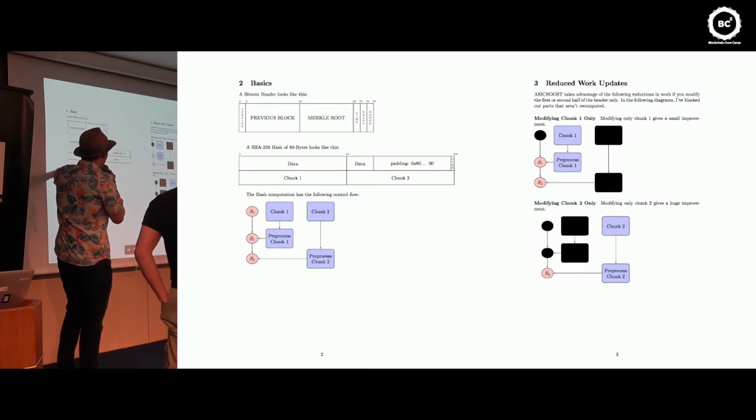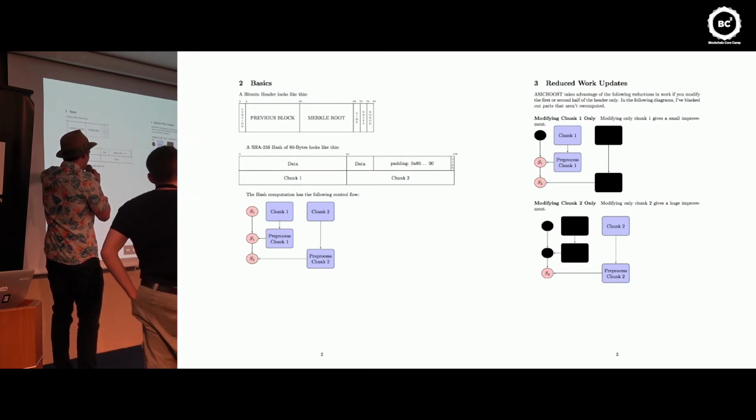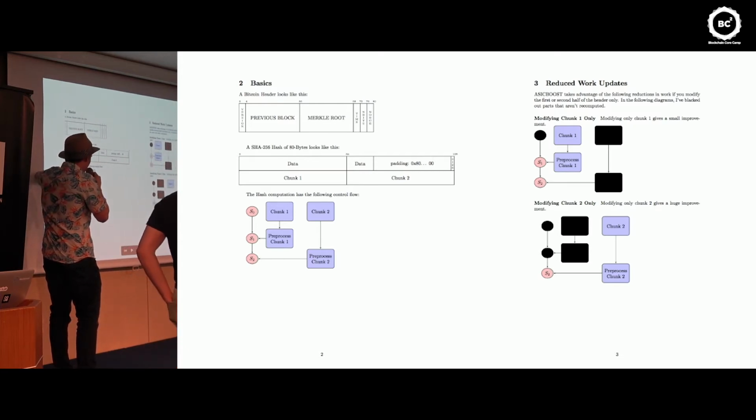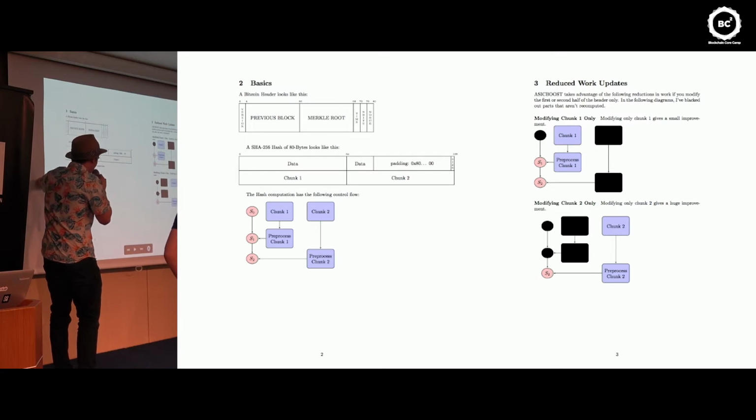So the computation looks like this. We have some initial state, not zero but a random-looking number, and then we take chunk 1, pre-process it, and put it together with state 0 to get state 1.